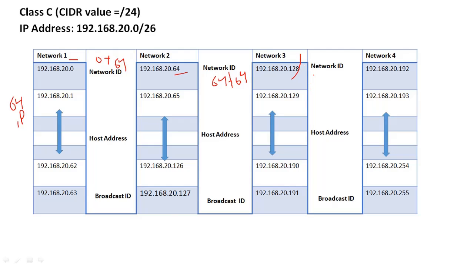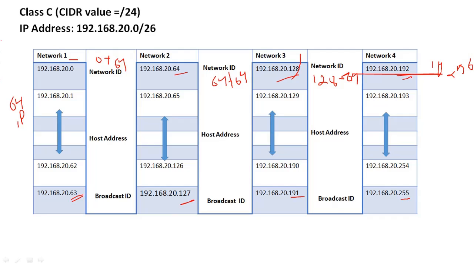Now in each network you need to add 64, so you'll get 192. The last IP of each network will be 64 minus 1, 63; 128 minus 1, 127; and 192 minus 1 will be 191. If you add 192 plus 64, it will be 256, and 256 minus 1 will be 255.